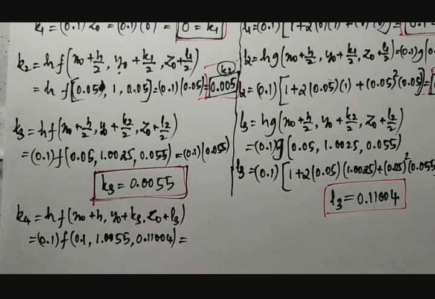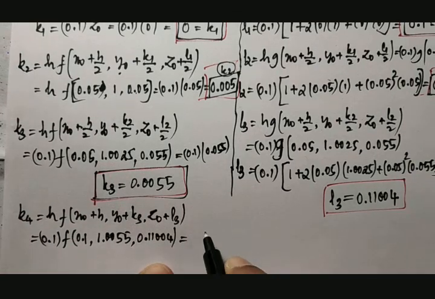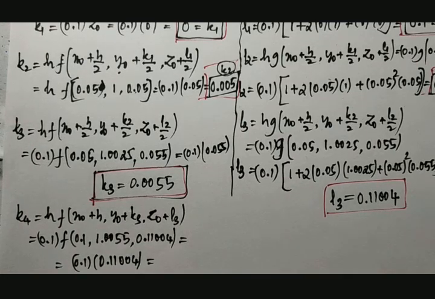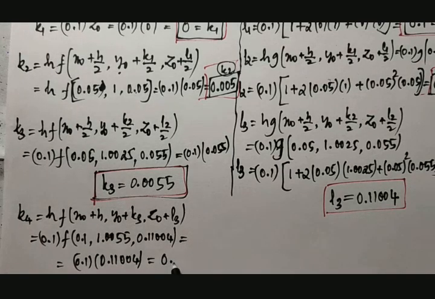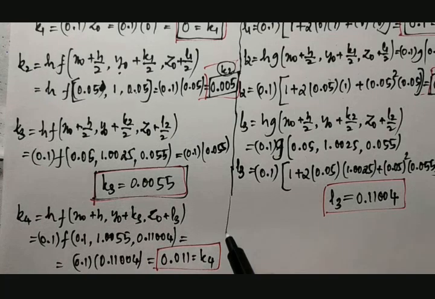So we take it as 0.1 into the z function. Z is 0.11004, which is equal to 0.1 into 0.11004. Let us see how much it is. K4 is equal to 0.011. Therefore, we got the value of K4, that is 0.011.